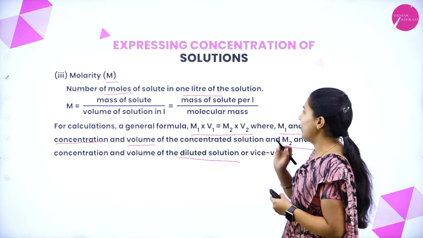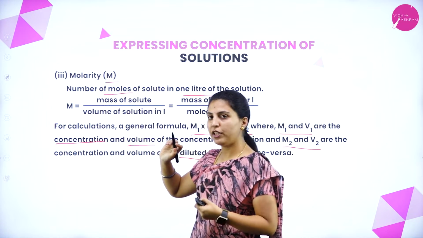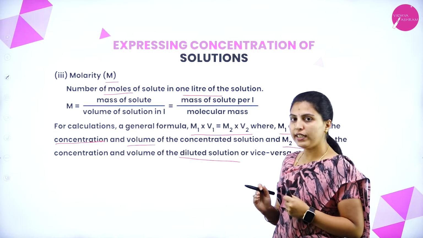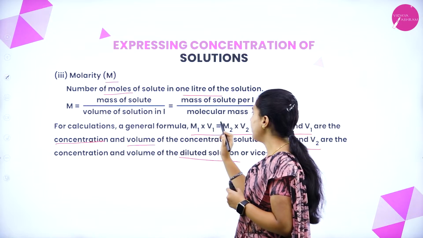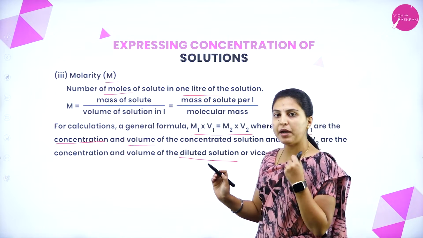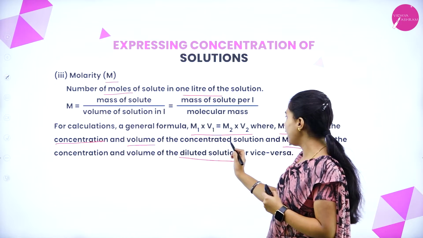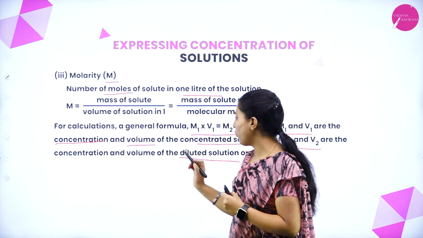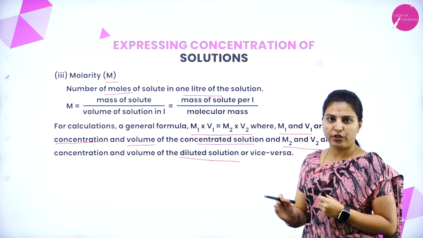Once again I am repeating. The statement of molarity is the number of moles of solute in 1 liter of the solution. For the calculation purpose, we will use M1 V1 equal to M2 V2. M1 V1 are the concentration and volume of the concentrated solution, and M2 V2 are the concentration and volume of the diluted solution.